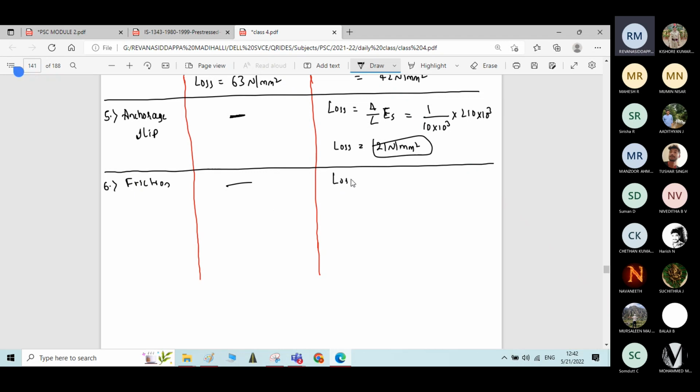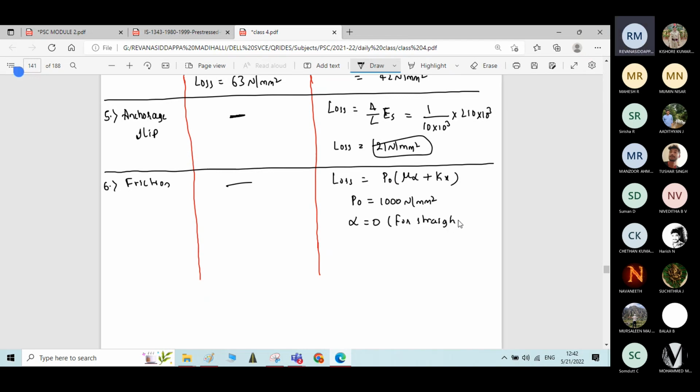Loss is equal to P naught into mu alpha plus Kx, and P naught, the initial prestress, is 1000 Newton per mm square. This alpha will be 0 for a straight cable.